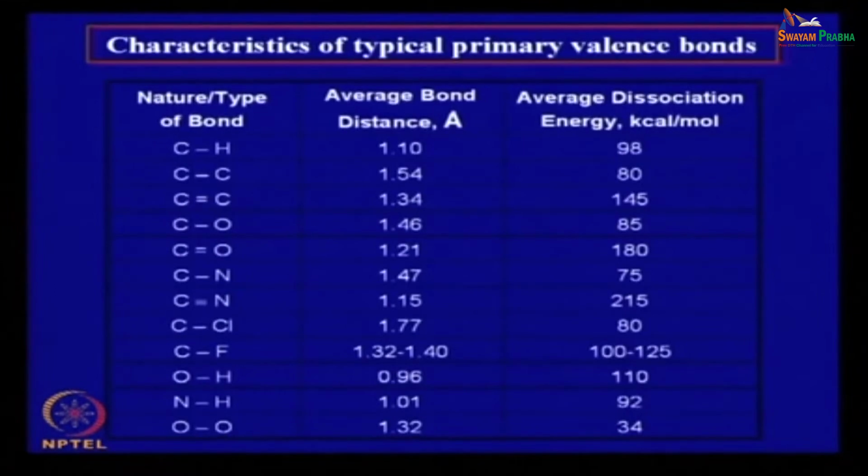Now, look at these values: characteristics of typical primary valence bonds, bond length, bond distance and bond dissociation energies. Of course, these bond dissociation energies have nothing to do with the vaporization of the molecules in which these bonds are present.